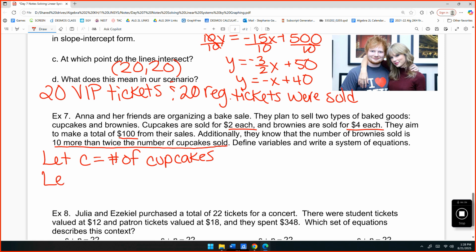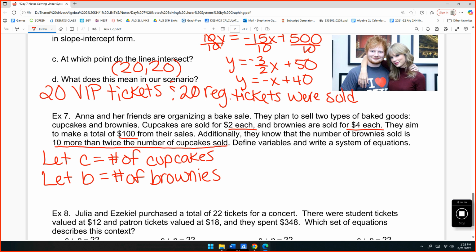And I'm guessing for brownies, we want to use B? I mean, why confuse it, right? Let B equal the number of brownies. We have to put this here because we were not told in the problem what variables to use.